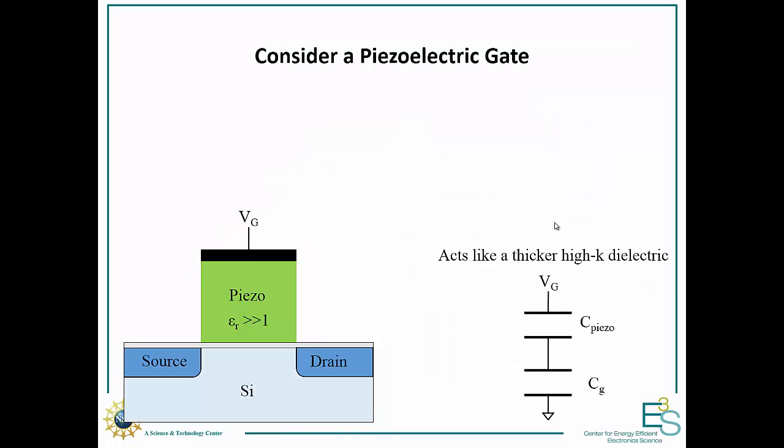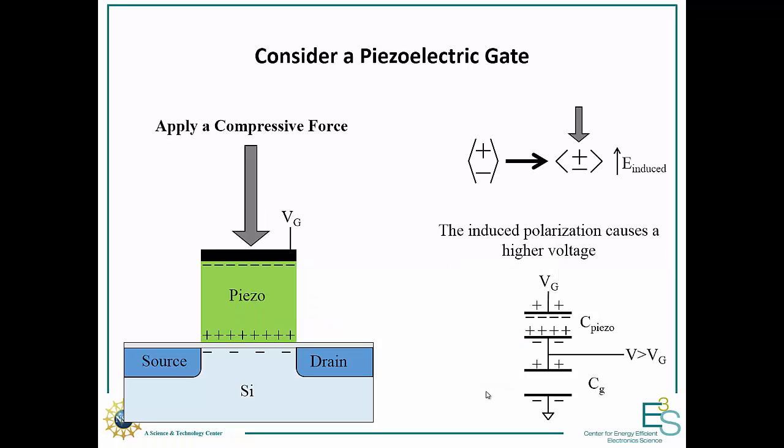And so here I want to just illustrate the operation principle in a little bit more detail. First, let's consider what happens when we put a piezoelectric on the gate of a transistor. Initially, not much. It just acts like a high K dielectric, and you get an extra capacitance in series with your gate. And so it's not very interesting. But now let's try squeezing it.